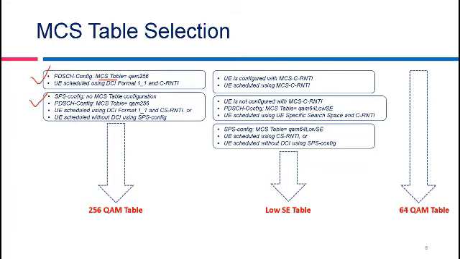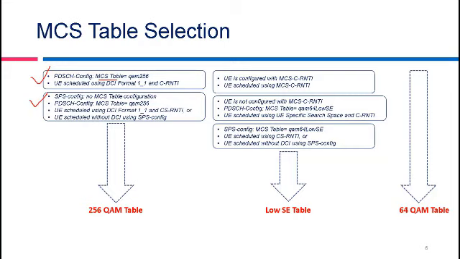For physical layer signaling, the UE has to be configured with MCS C-RNTI as well as the C-RNTI. And the scheduling for this UE is done with the MCS C-RNTI.